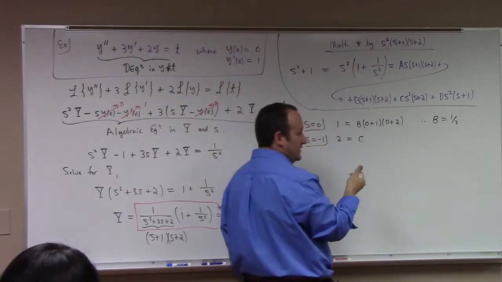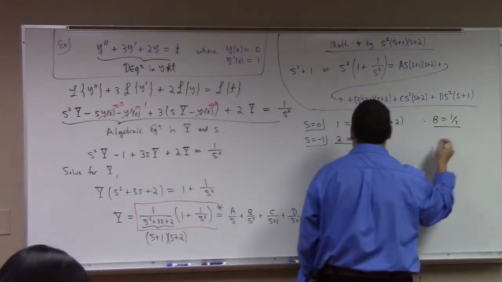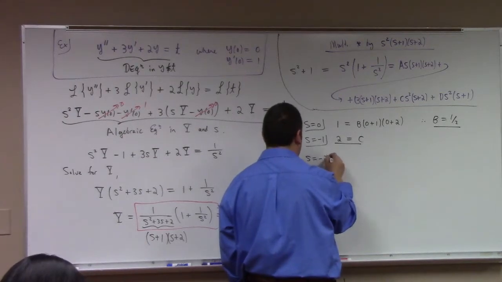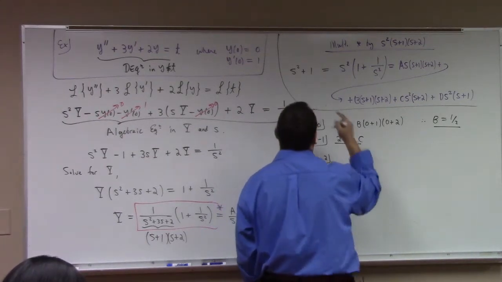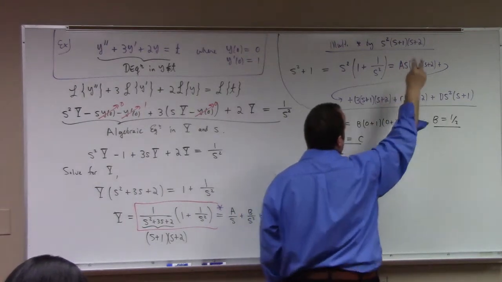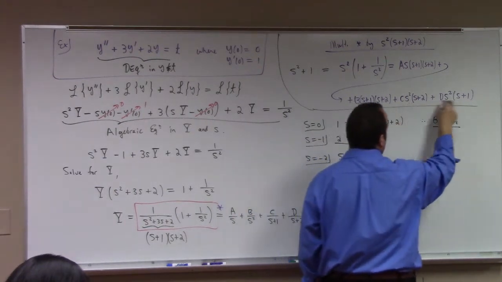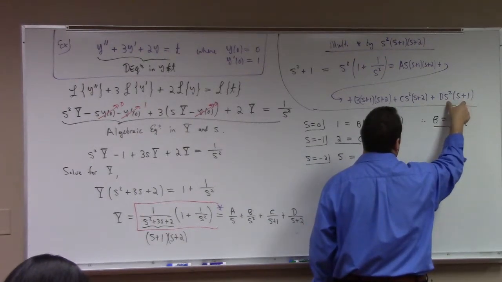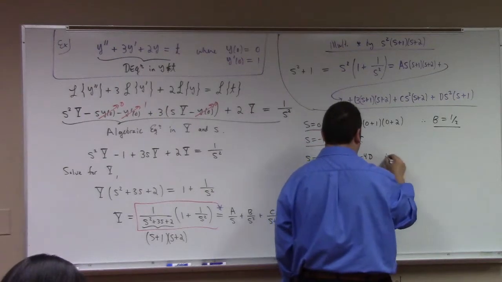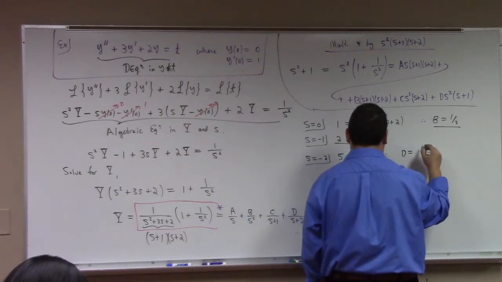So we got c, we got b. And maybe plugging in minus 2 would be a smart move. Plugging in minus 2 on the left-hand side gives me 5. Over here, gone, gone, gone. Plug in minus 2 here, I get a minus 1 times a 4, which is minus 4d. D is minus 5/4.